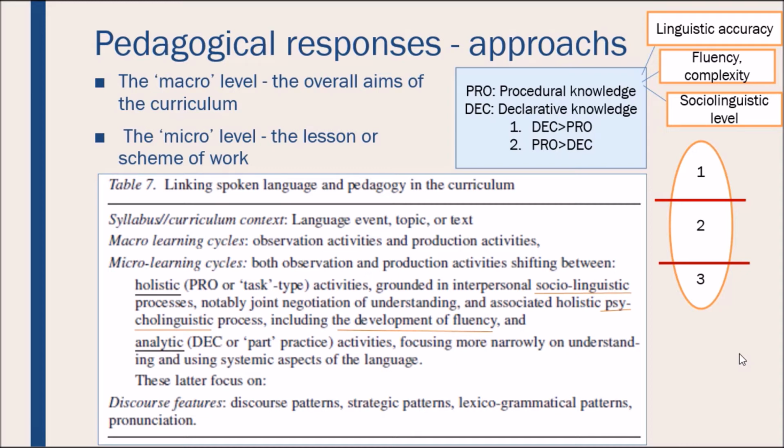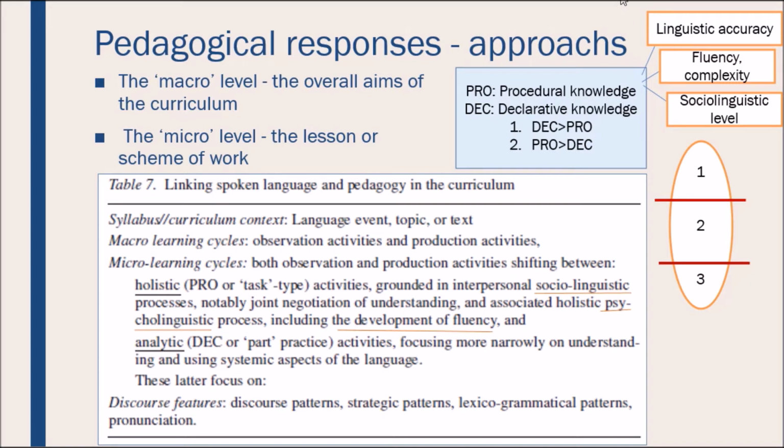So what I would like to add here is that procedural knowledge could be taught in the classes at three levels. What you want to activate and also help students to automatize in their interactions and communication activities is, first of all, some kind of linguistic accuracy, but most importantly, fluency and complexity, which I have already covered in the previous installments of this video.